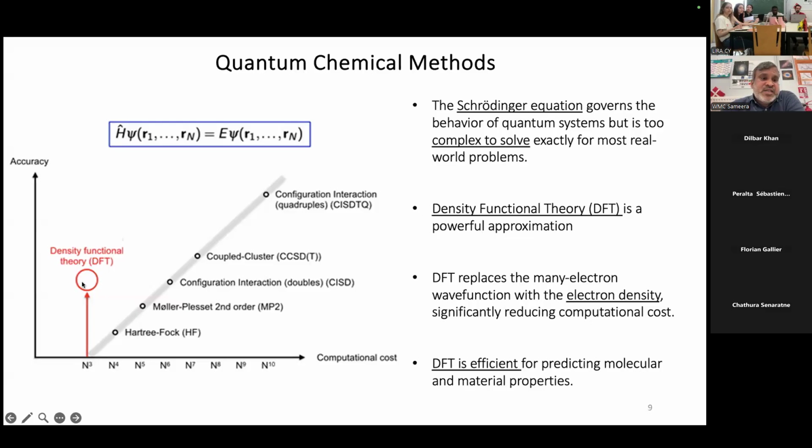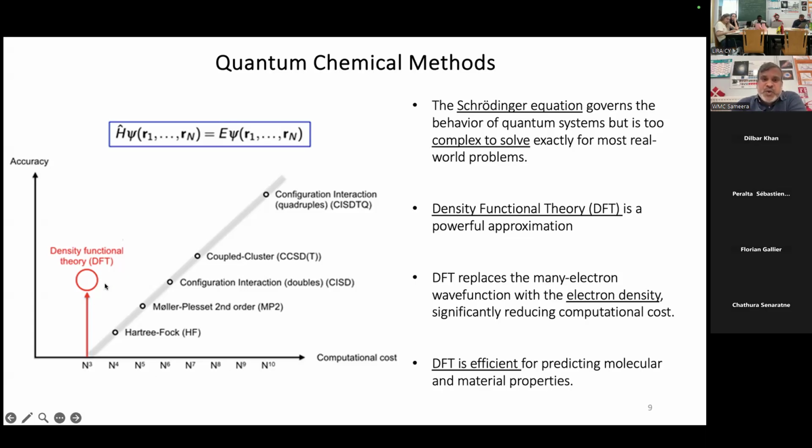Density functional theory deals with the density of the molecular system, and the density at a given point can be described by three components, so that's why the n to the power 3 comes in here. That makes the computational time lower than the other methods.